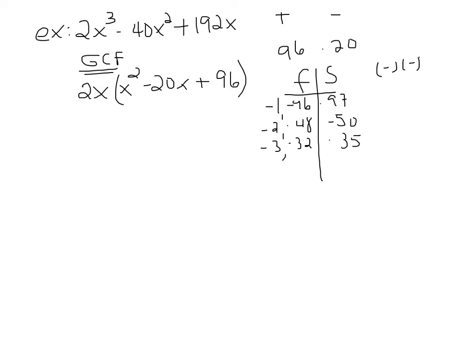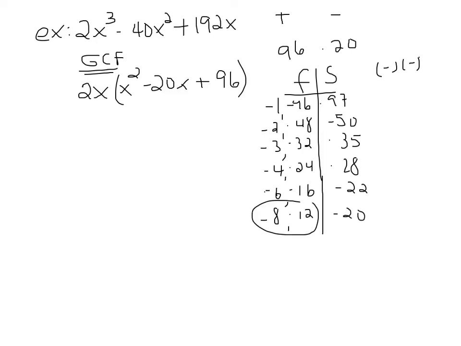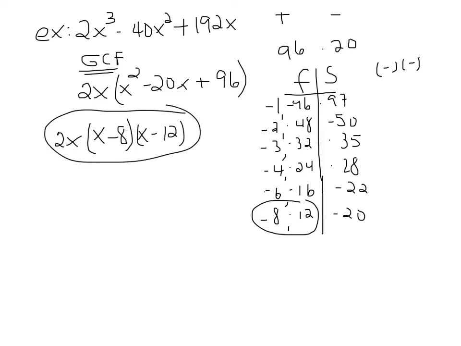Nope, but we're getting closer. Negative 4 and negative 24? Negative 5 won't go in. Negative 6 and negative 16? Awfully close. Negative 8 and negative 12. There we go. And so this problem factors into, don't forget the 2x that you originally factored out, 2x times x minus 8 times x minus 12.